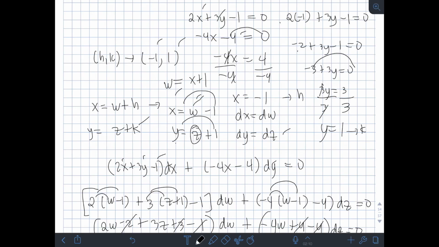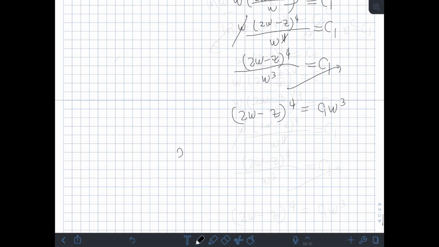So, therefore, z is equal to y minus 1, transpose si 1. Okay, so sige, palitan natin. So, 2 times w is x plus 1 minus z is quantity y minus 1 raised to the 4th equals c1. So, w is x plus 1 cube.